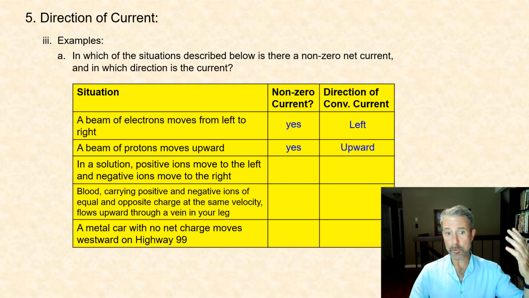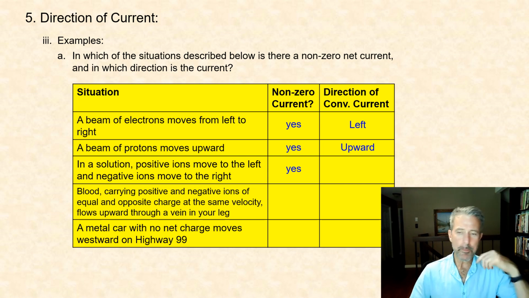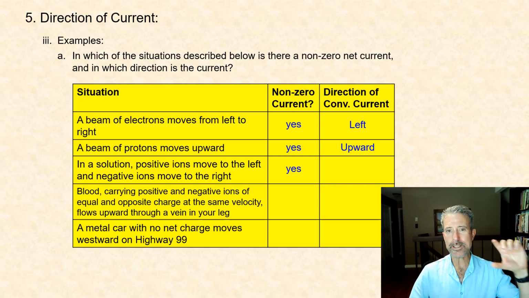In the next example, we're told that in a solution, positive ions move to the left and negative ions move to the right. If this is an electrolytic solution, we can certainly say that there is a non-zero current here. Let's see how. Positive ions moving to the left gives us a conventional current to the left, since the direction of conventional current is the direction the positive charge carriers move.